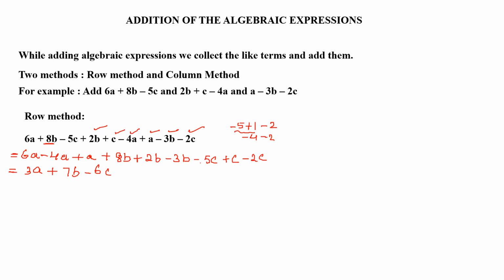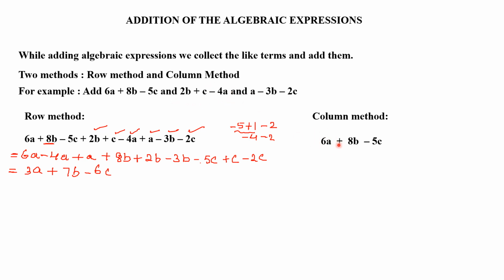Now I'm going to show the column method. So in the column method, what you have to do, you have to write each expression one below the other. So I have written the first expression here. Now the second expression I have and third expression I have to write below it. But we have to keep it in mind that the like term should fall one below the other. So for the second expression, if I see it is 2b plus c minus 4a.